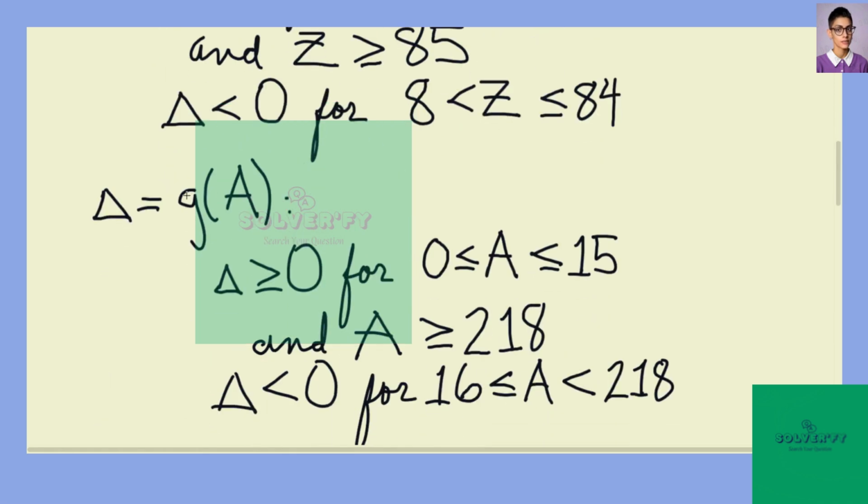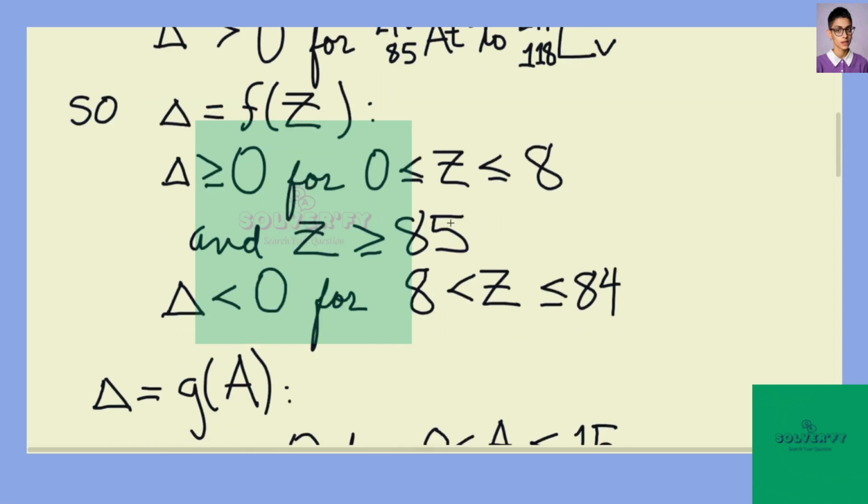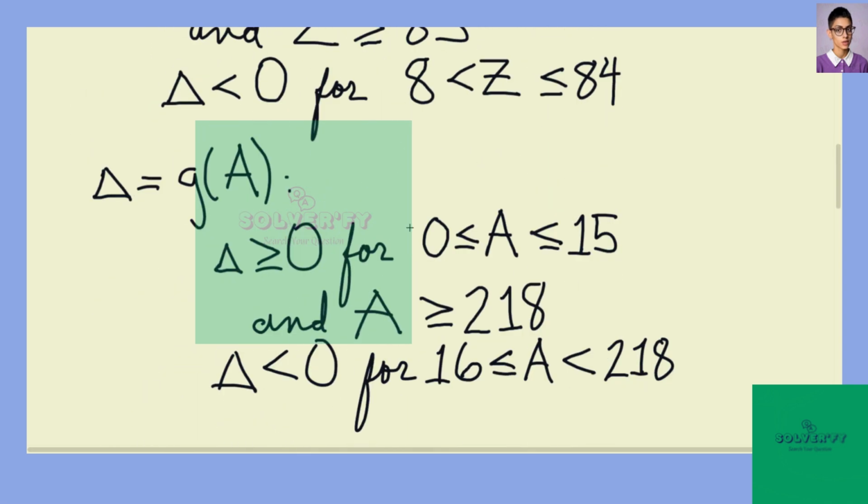The same can be done for the function of atomic mass number, from which boundary values are taken from the superscripts above. And that is the solution to our problem.